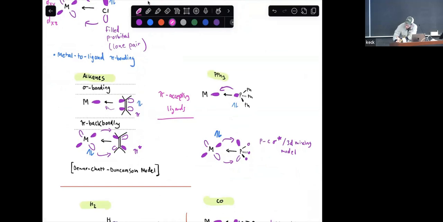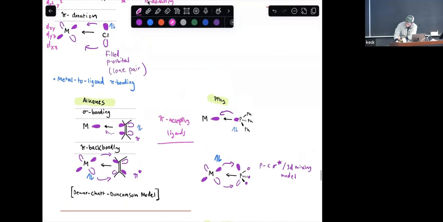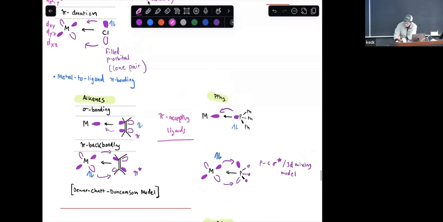And then the pi star antibonding orbital, if you just zero in on that, you would look and say, aha, that's appropriate symmetry where a filled d orbital on the metal, dxy, dyz, or dxz, provided the metal is not d0, if it's anything above d0 and has electrons sitting in these non-bonding d orbitals or orbitals of predominant d character, predominantly metal-based orbitals, can engage in pi back bonding.